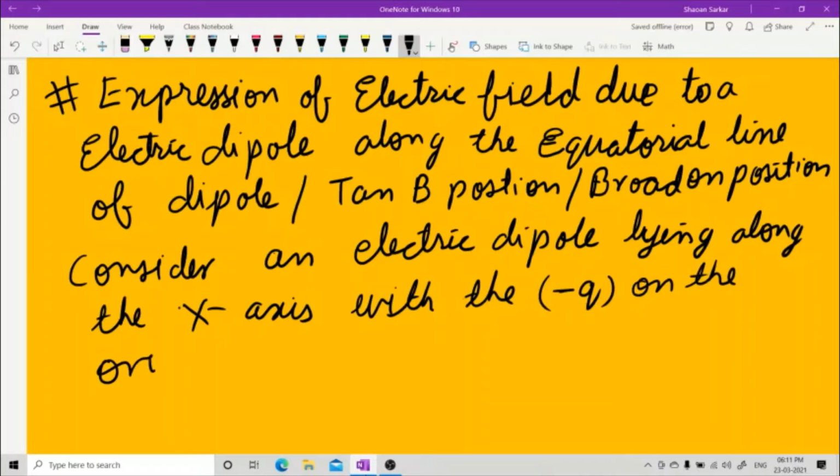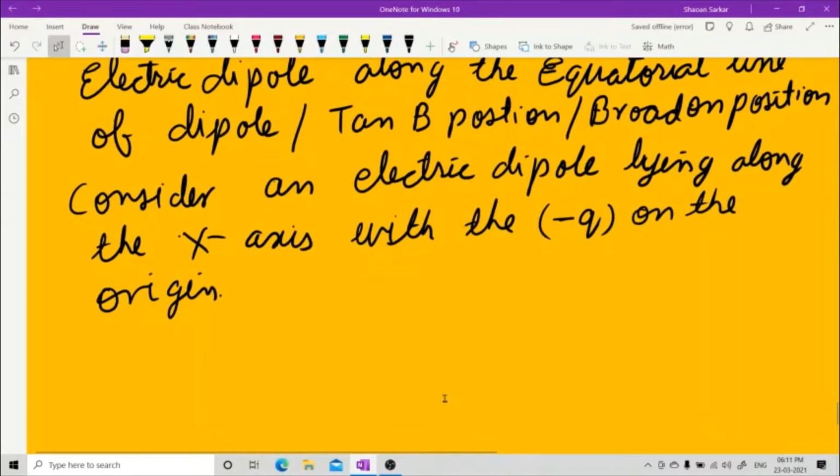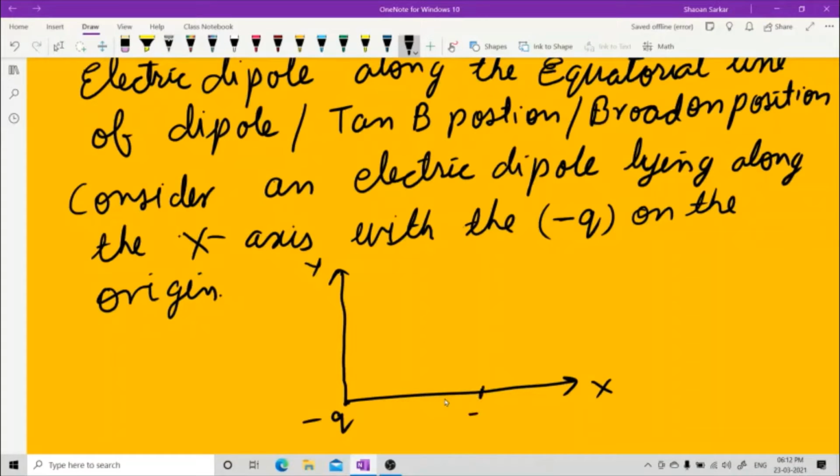No problem, you can keep it anywhere you want to keep it. Now you have the figure here. This is your y-axis, this is your x-axis, this is your minus q, this is your plus q.